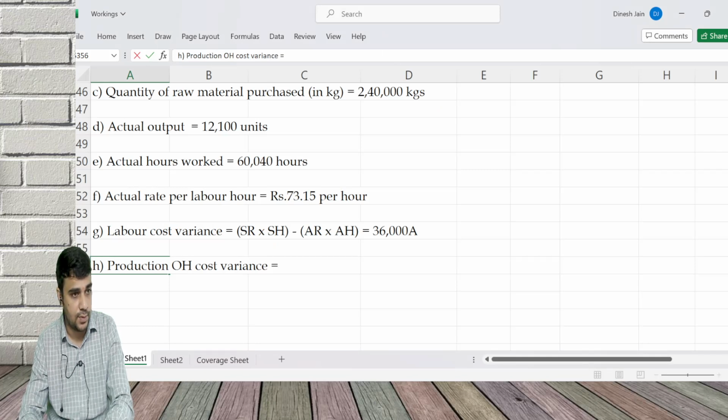Technically fixed overhead cost variance: SR into SH minus AFOH.